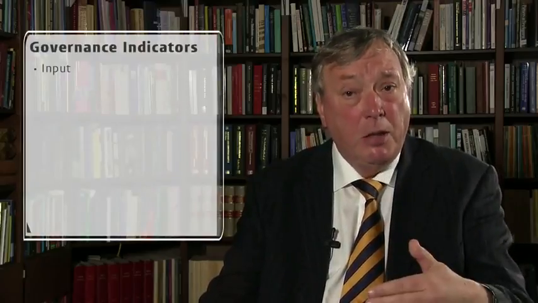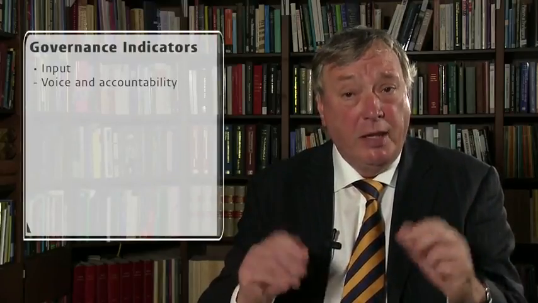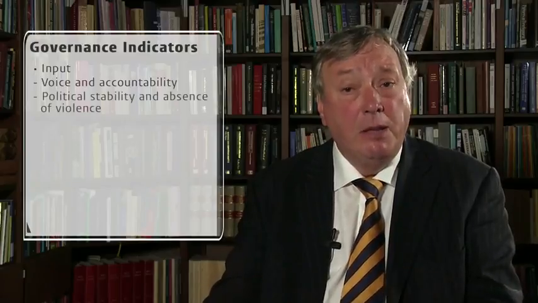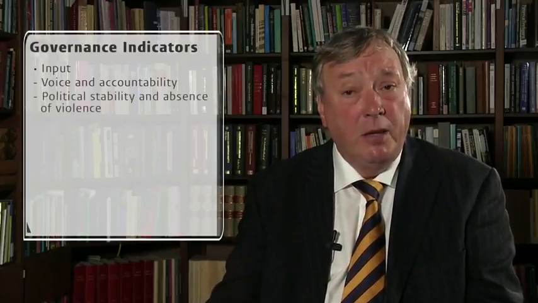So let's have a look at what these indicators were. There are 6 separate indicators, and they follow the political process from the formulation of policy to its execution and implementation. It's a 3-step process with 2 indicators for each step. Inputs into the policy process are measured by voice and accountability and by political stability and the absence of violence.